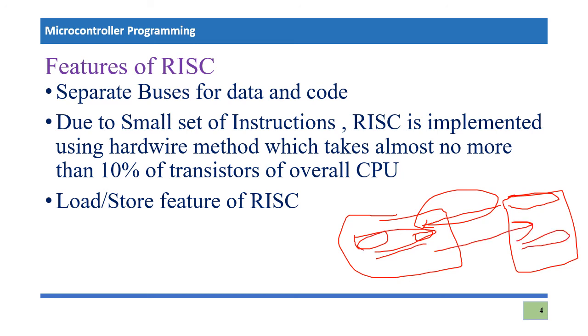So what was happening in one instruction of CISC architecture is happening in three different instructions of RISC architecture, but they are fixed size and happen at a very fast rate. That is why this is called the load and store feature of RISC architecture. You load it first into your CPU, then you make the operation, and then store it back inside the external memory. That is the feature of RISC architecture which makes it much faster compared to CISC.